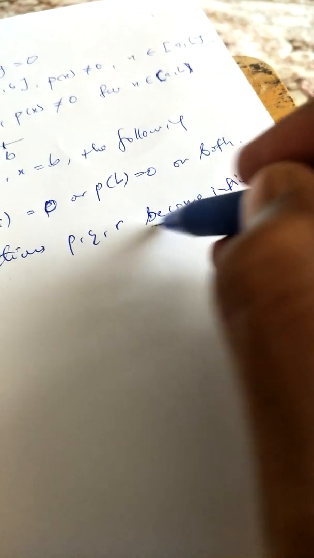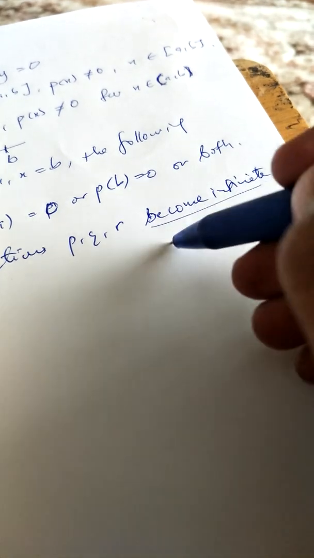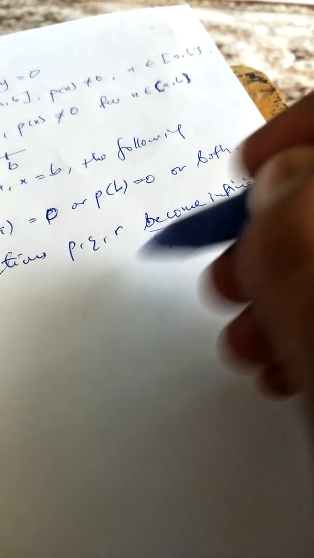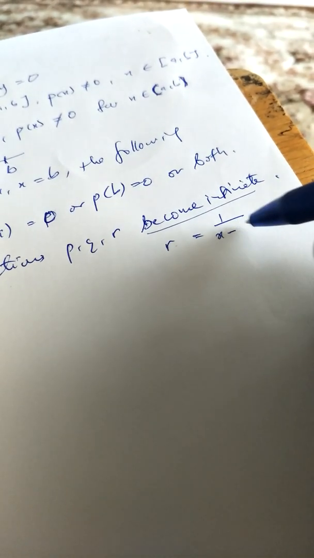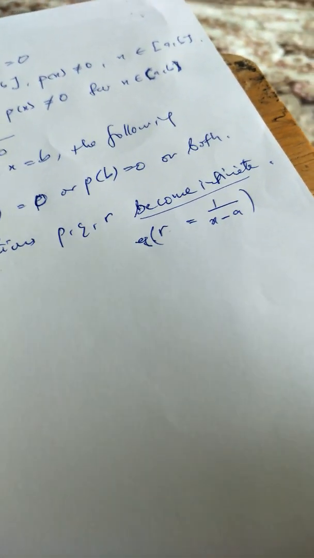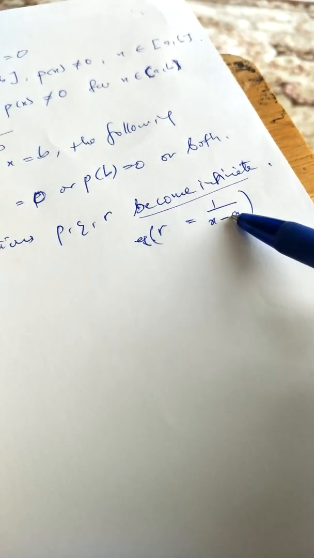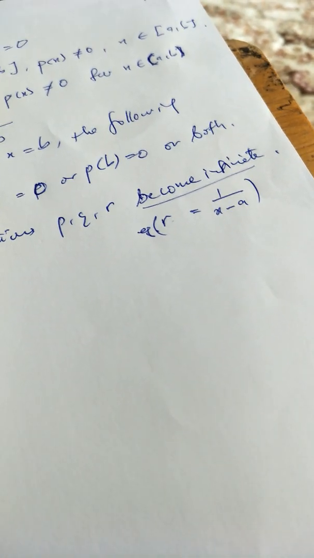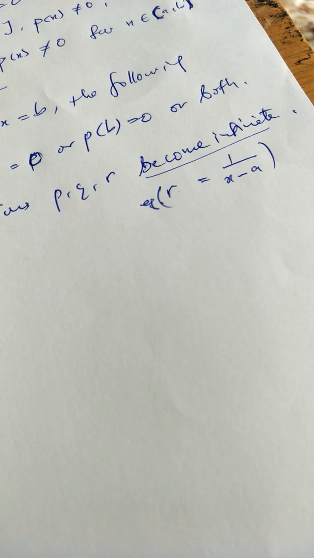So, for example, we may have R in terms of, let's say, x over (x minus A) or x over (x minus B), and so on. And this is just an example. Or maybe Q is of that form, or P is of that form, because as x comes close to A, you can see the whole function blows up.